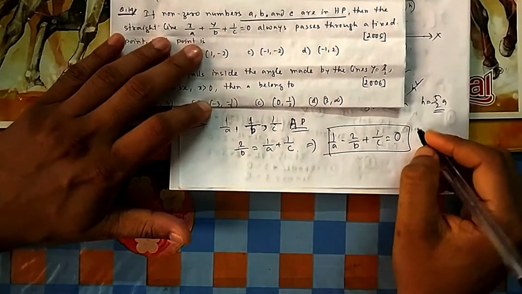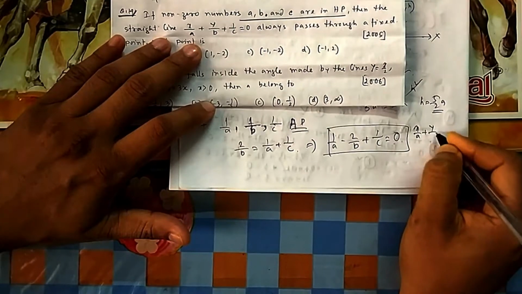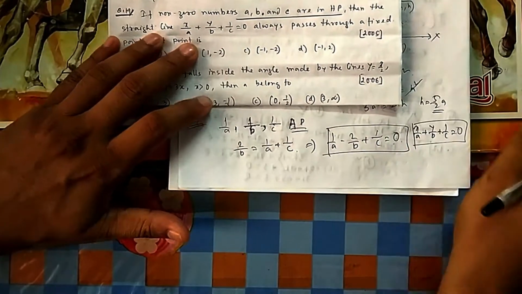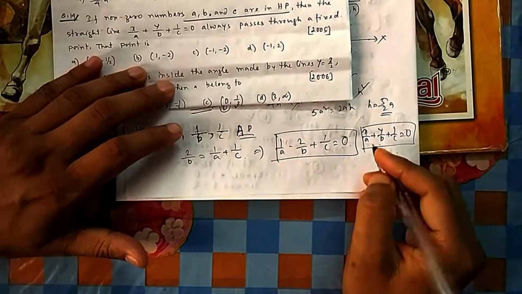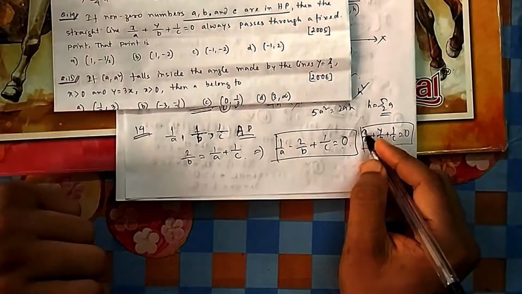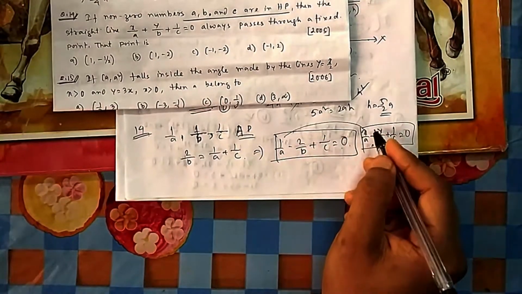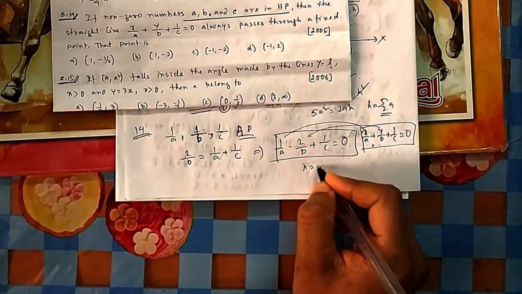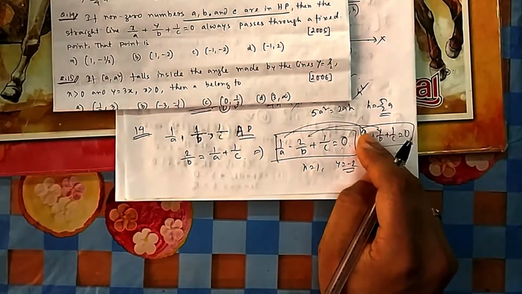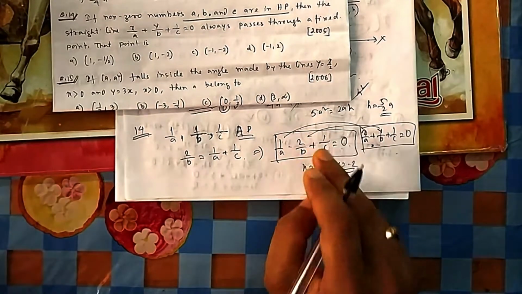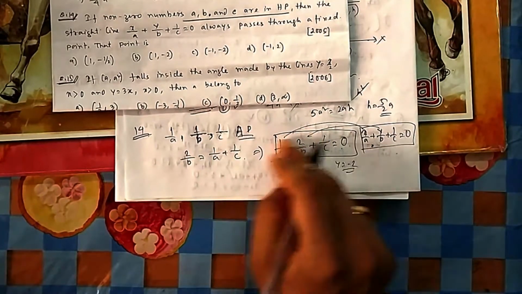So now you match with this equation, x/a plus y/b, because you need to find a point which satisfies the given condition. So you put x and y in such a way that this condition is satisfied. From analogy also you can see, if x is equal to 1, y is equal to minus 2, and if I put the point (1, minus 2) in this equation, it will satisfy this. So that is the condition. They ask you to satisfy this one, it should be in HP.